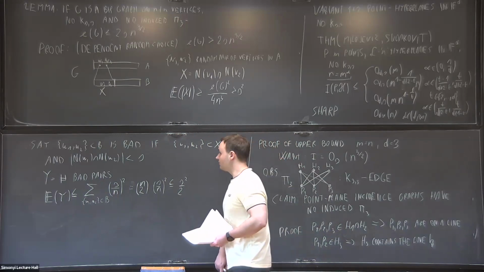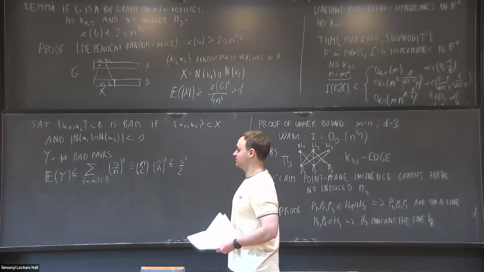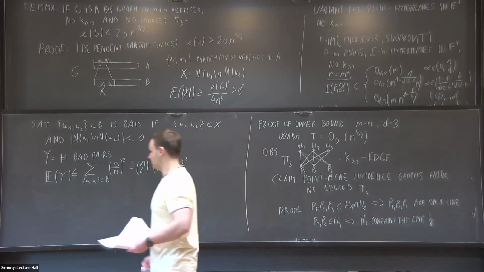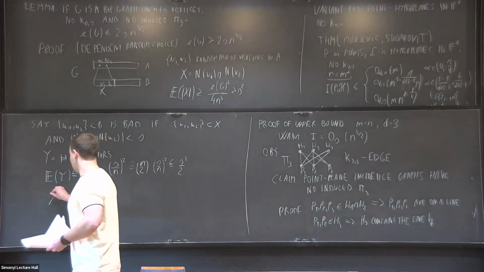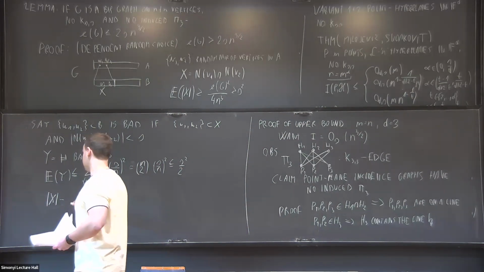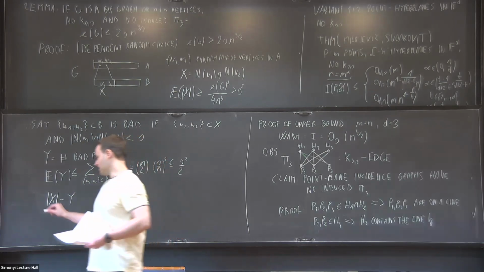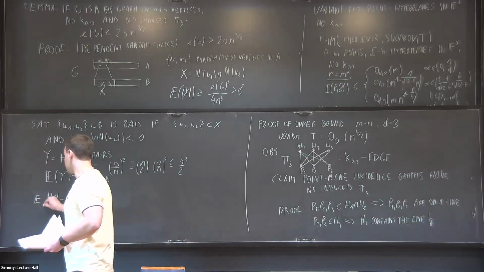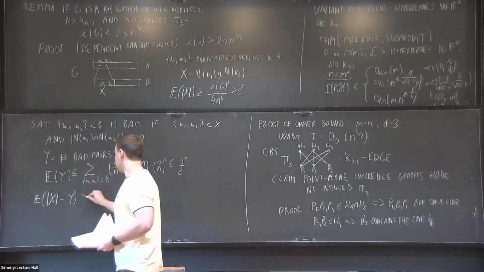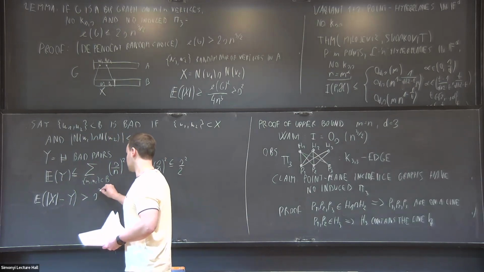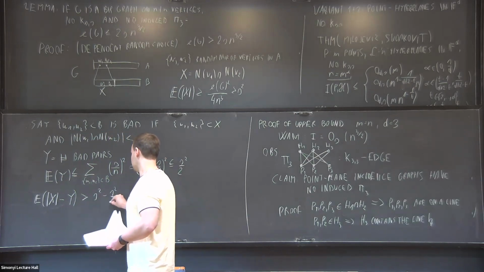Okay, but now we are almost done. Now it's just some usual probability trick. We will look at the random variable which is the size of X minus Y. The expected value of this random variable is now greater than S squared minus S squared over 2, so this is greater than S squared over 2.